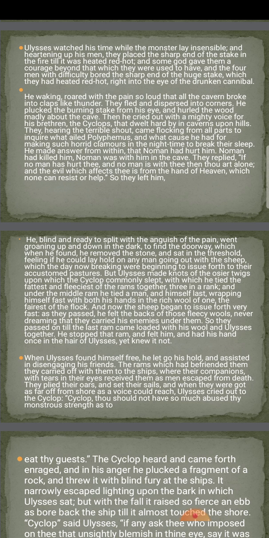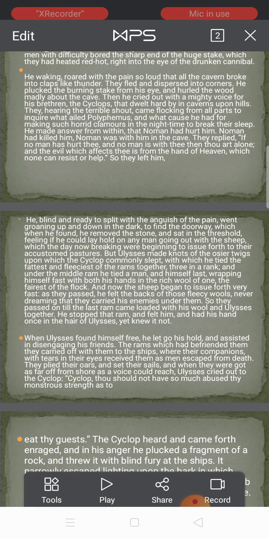So he tied to the stomach of that sheep, that fattest wool, three in a rank, and under the middle ram he tied a man.